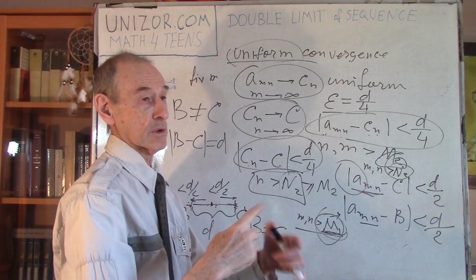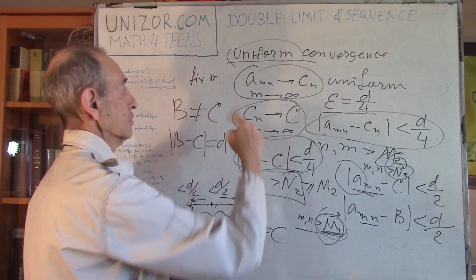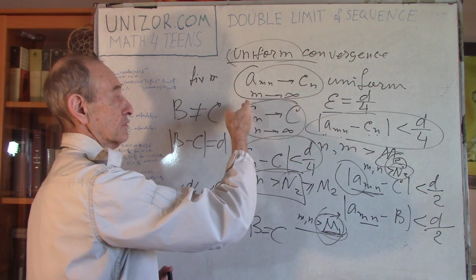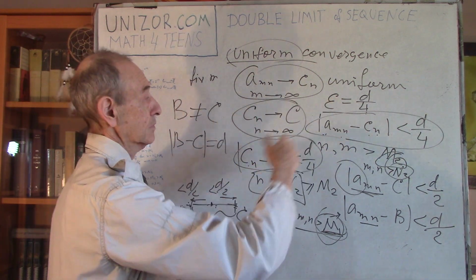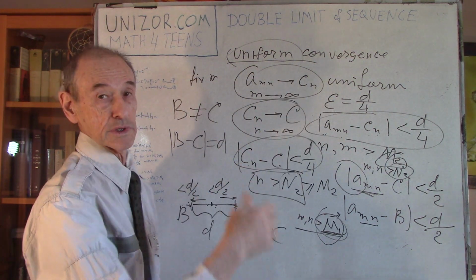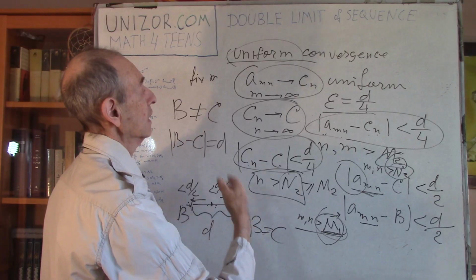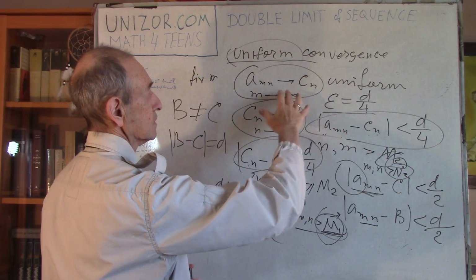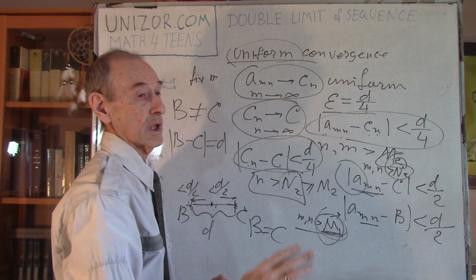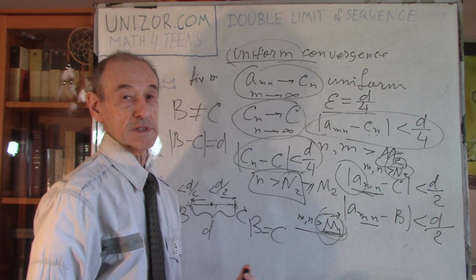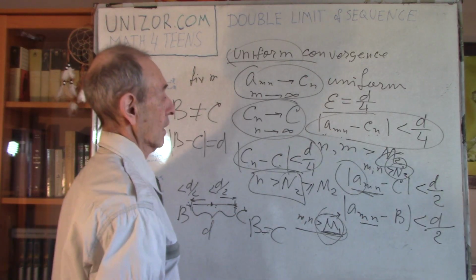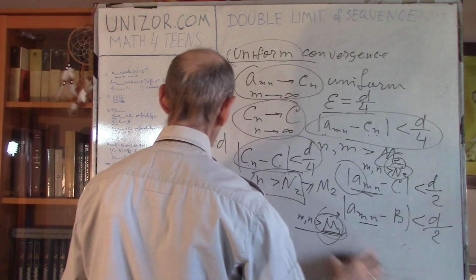Or vice versa. You first go n to infinity, and that will be a function of m, like b_m, whatever, and then go to infinity by the second index. And again, if this is a uniform convergence in both cases, you will have the same result. Okay, and I promised to give you an example.